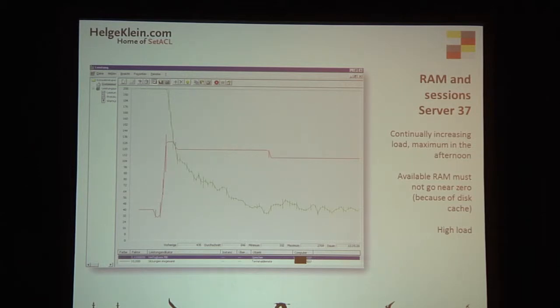So what do you say? Is the RAM fully used? Doesn't look like it, does it? There's roughly 400 megabytes left that could be used by something. But this is a little bit misleading. Those 400 megabytes are used by the file system cache.